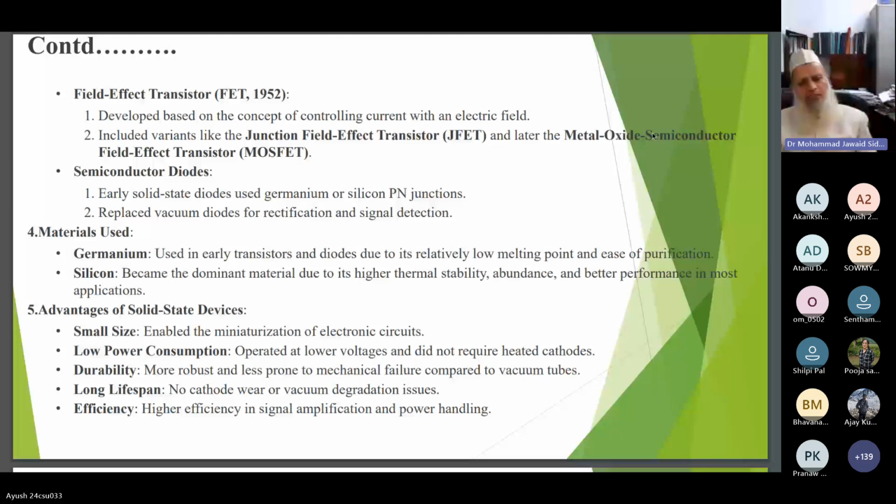So that is why silicon completely replaced germanium. Advantages of solid state devices: small size, low power consumption, durability, long lifespan, efficiency. So that is why solid state devices generally replace the vacuum devices. But I have told you that vacuum devices are still used where we need large power.